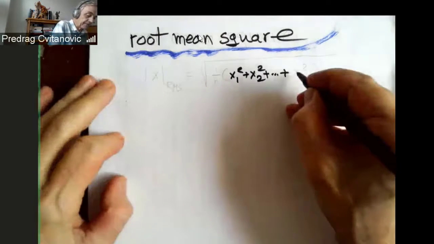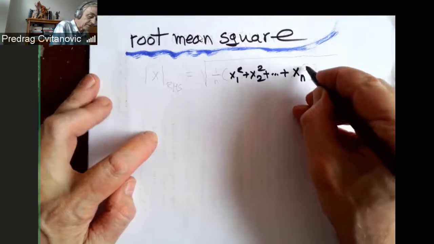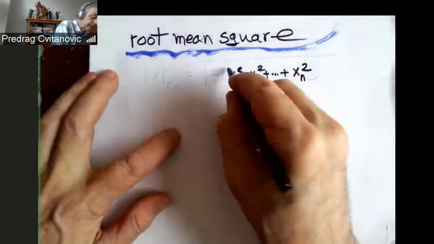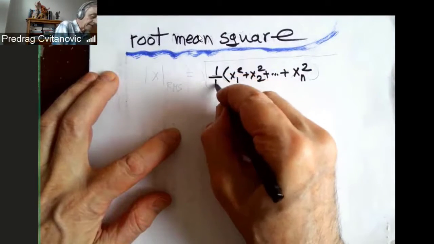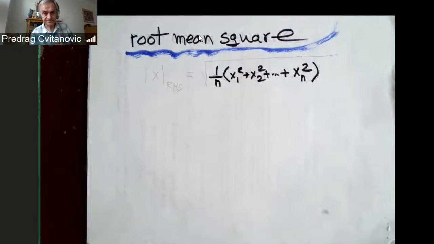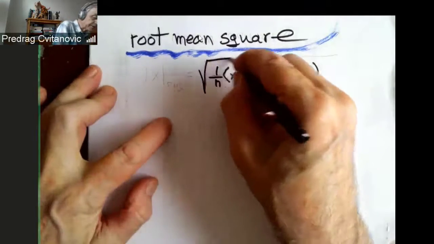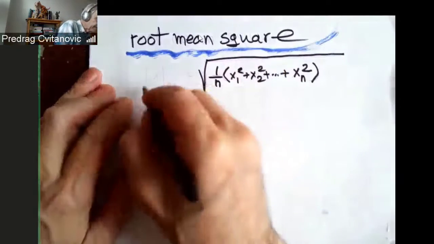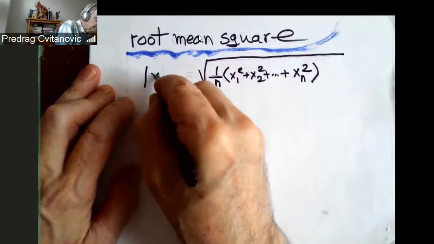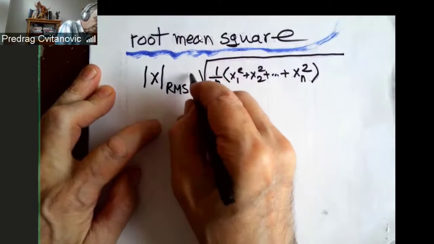And if you have n measurements, n kicks, n dimensions, if you add these up and you divide them by n, then you get the mean. And if you take a square root of this whole thing, it's called root mean square error.